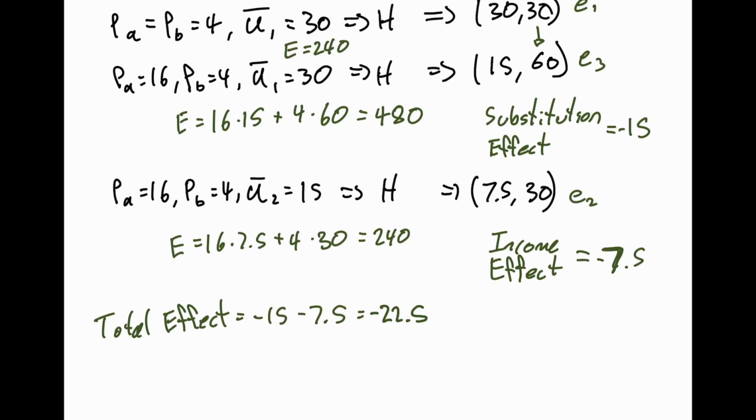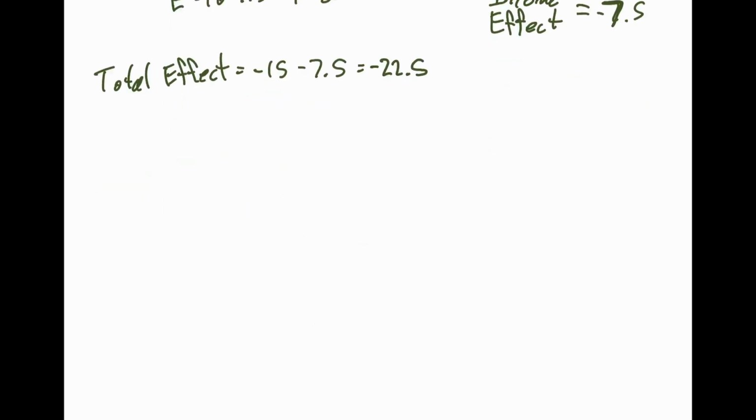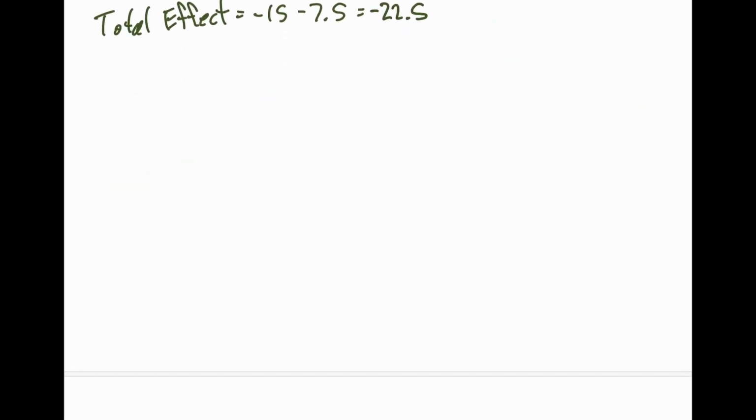That leaves us, the last thing to cover here is the Slutsky equation. So let's do this real quick. Essentially, we're just going to use our numbers and verify this identity.